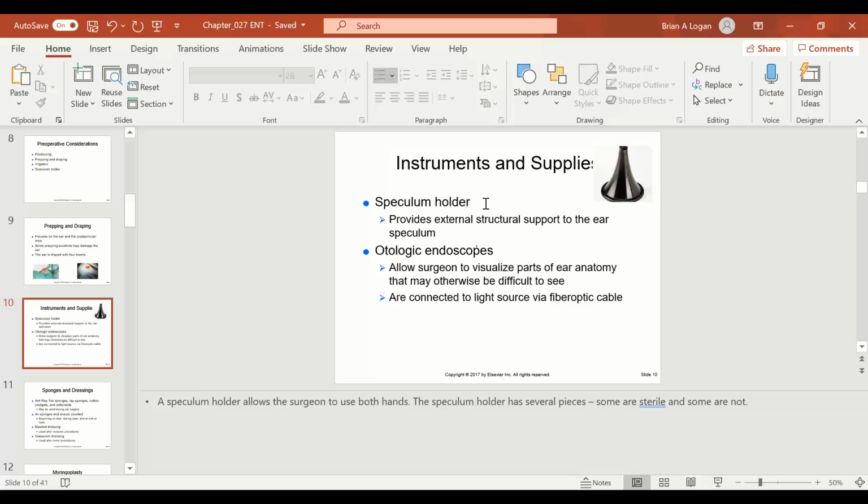Some of these too, they have a place where you can hook up a little light cable and then plug that into a light box, and then it can shine some light down into the ear canal too. But mainly, if you're using one of these speculums and you're going through the ear canal, you're going to be using the microscope. So they'll be looking down a microscope into the speculum at the eardrum itself.